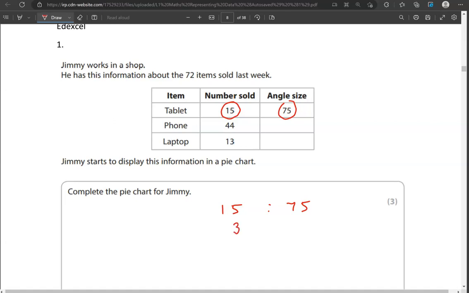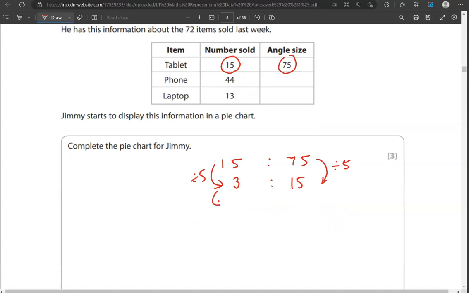So 15 divided by 5, we get 3. 75 divided by 5 is 15. Now we can divide both numbers by 3. So it's 1 to 5 the ratio. So one item sold is represented by 5 degrees.